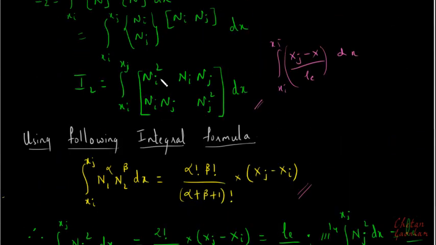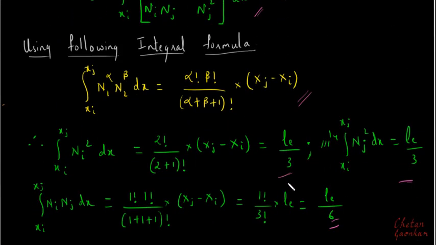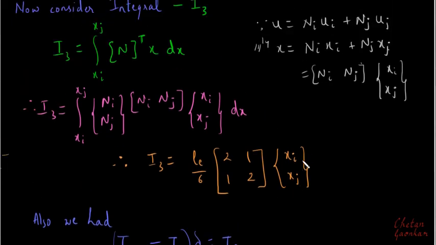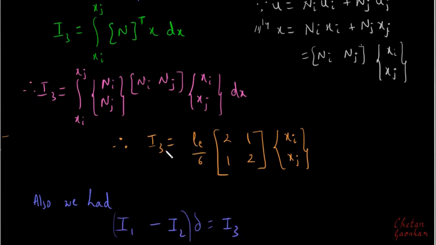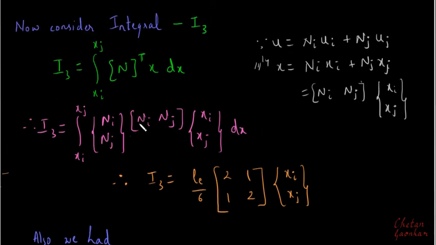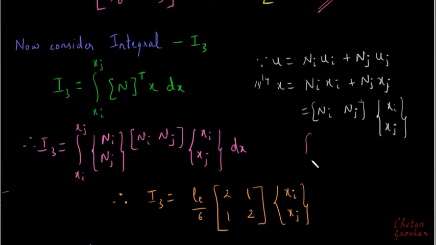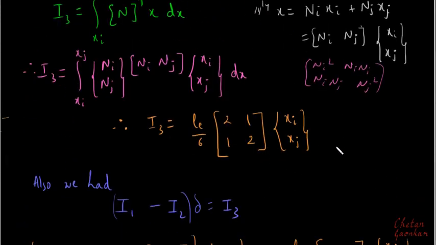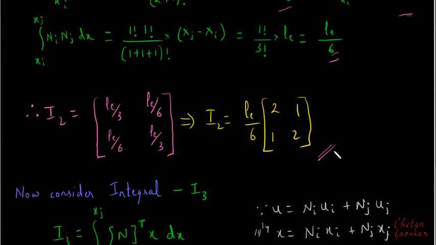The only thing is it is multiplied by xi and xj. So if I substitute in place of this matrix Ni square, Ni Nj, Ni Nj and Nj square, I will get this as my third integral.